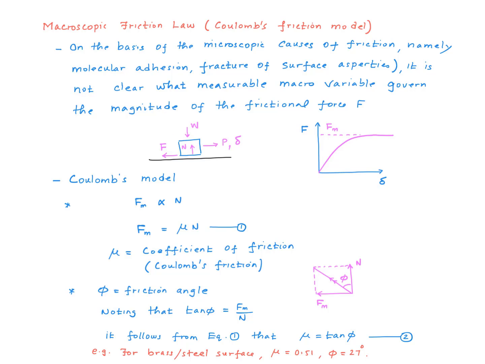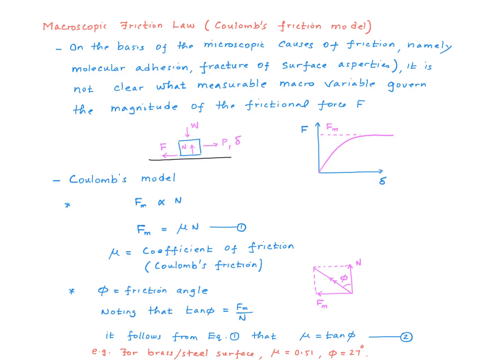As long as the block stays static, we know there's no acceleration to the block, right? And therefore the horizontal forces should balance each other according to Newton's law, right? So in other words, this P here must be equal to F. Let's also say we are going to keep measuring the horizontal deformation of the block relative to the horizontal flat surface.